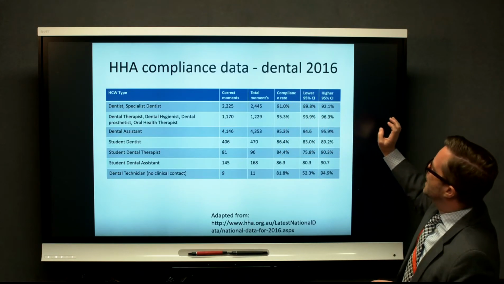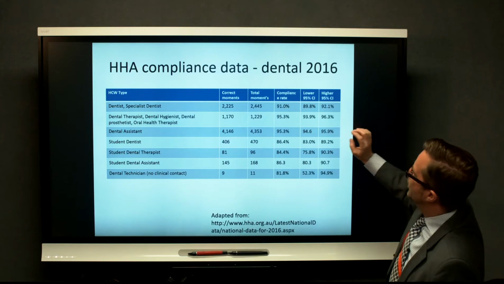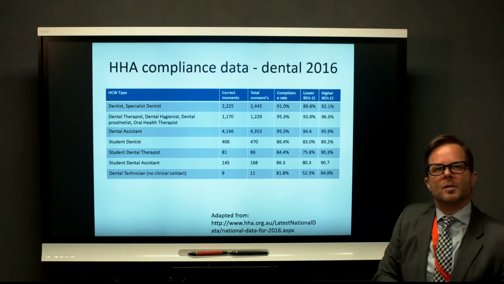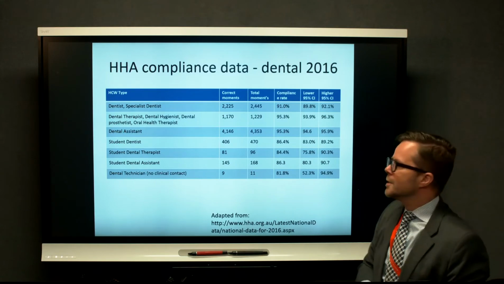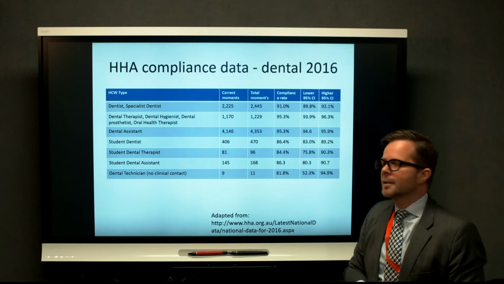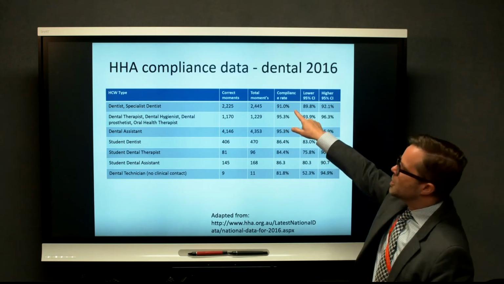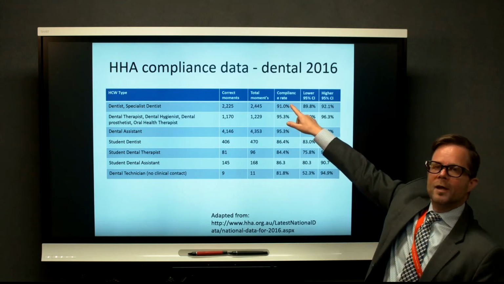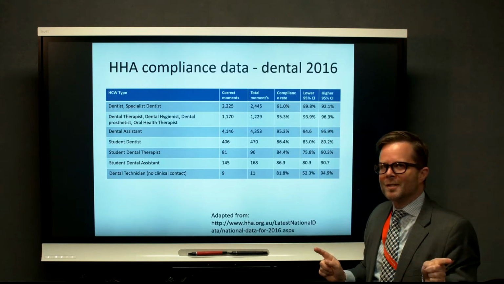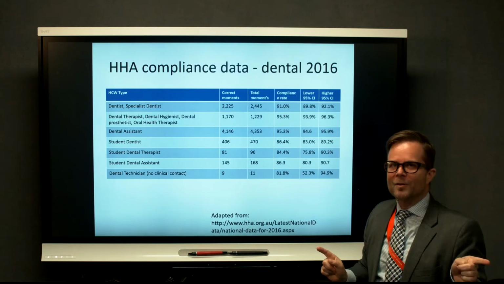The best hand washers were dental therapists, dental hygienists, dental prosthetists, and oral health therapists, with a 95.3% compliance rate. Dentists and dental specialists were slightly below with 91%, but remember, they're still higher than medical doctors, and they're still higher than nurses.